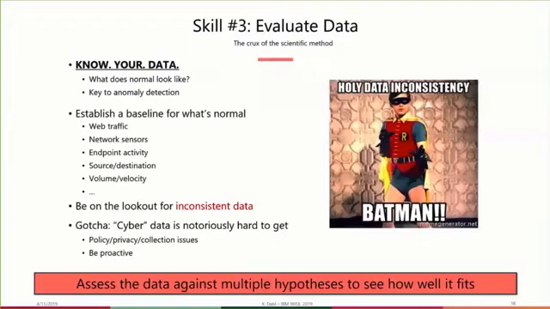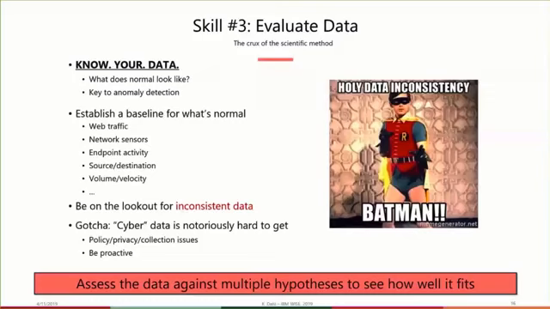Establish a baseline for what's normal. Understand what's important on your network and what data you would need to capture in order to triage problems or to monitor its health and wellness. The nice thing about this is that it helps you establish a baseline for what's normal. What does normal source and destination web traffic look like?